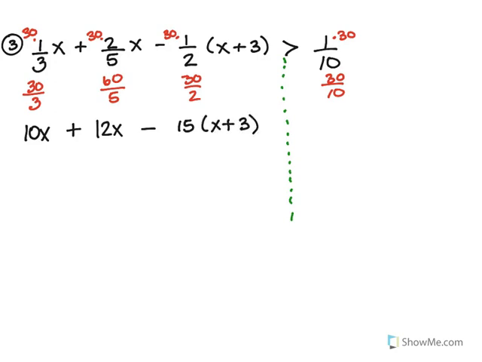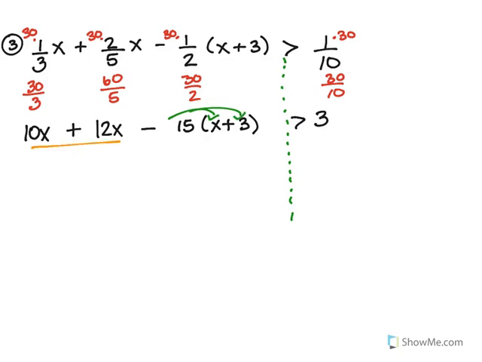15, I bring down my parentheses, is greater than 30 over 10, 3. Does everyone see that? And then I'm going to combine and then distribute that negative 15.